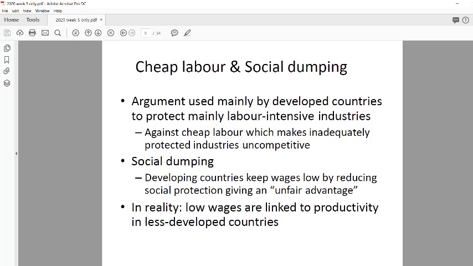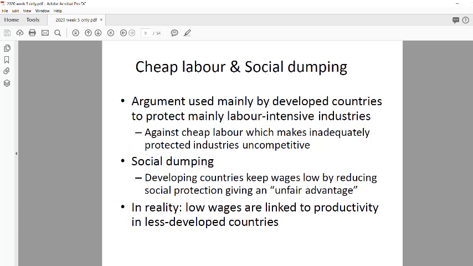So it's not that they're paying low wages that makes them uncompetitive. The production is slow because of the low productive worker, which is reflected in the wages, and therefore it's not really making their product cheaper, because they cannot produce the same amount.